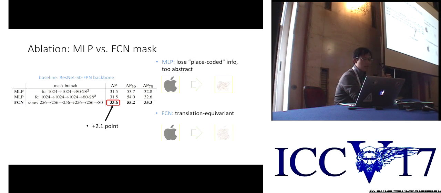This is like I give you an apple and you can see it, but you cannot very precisely outline the label, so it is not exactly the original apple that is seen. But if you use the FCN head, it is translation equivariant, so it may do a better job in the pixel-to-pixel alignment instance segmentation task.